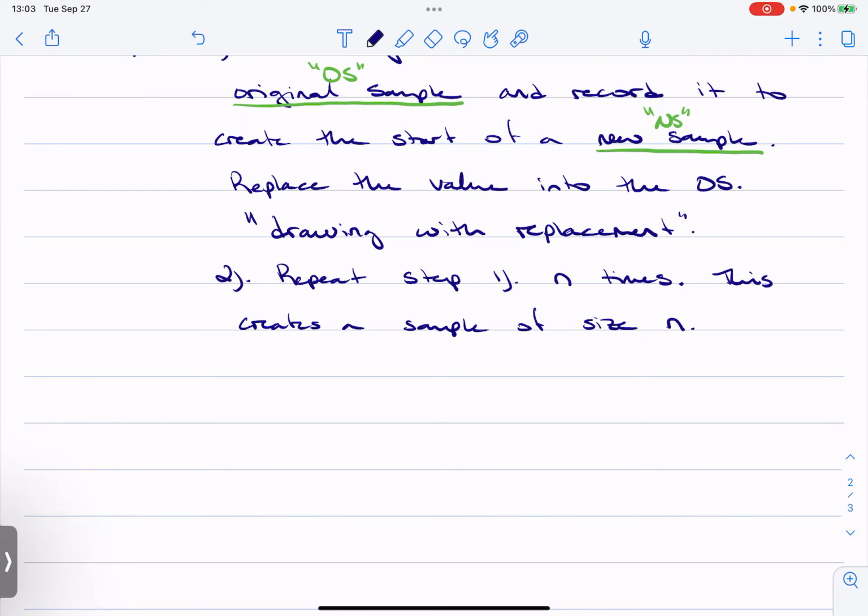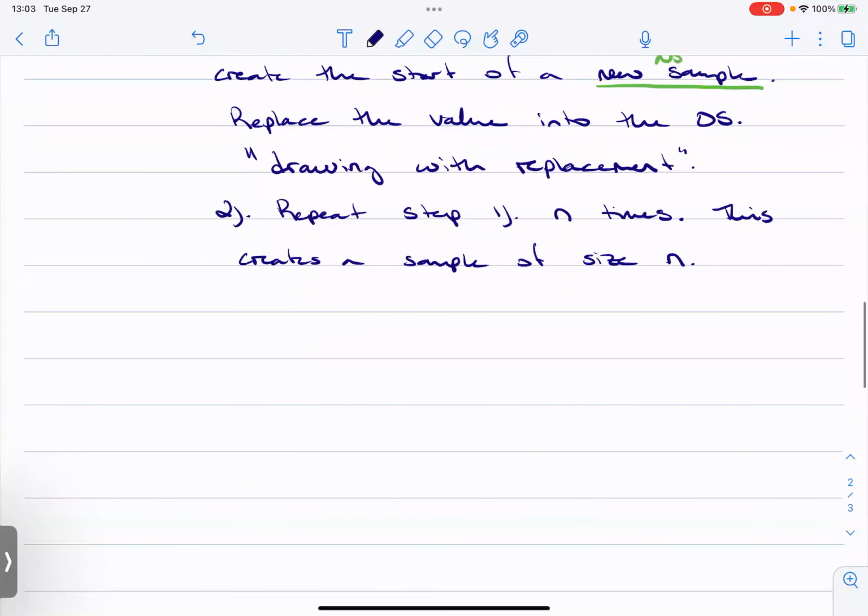So then we're going to calculate the sample statistics, such as the mean or the proportion, whatever it is that we're interested in.